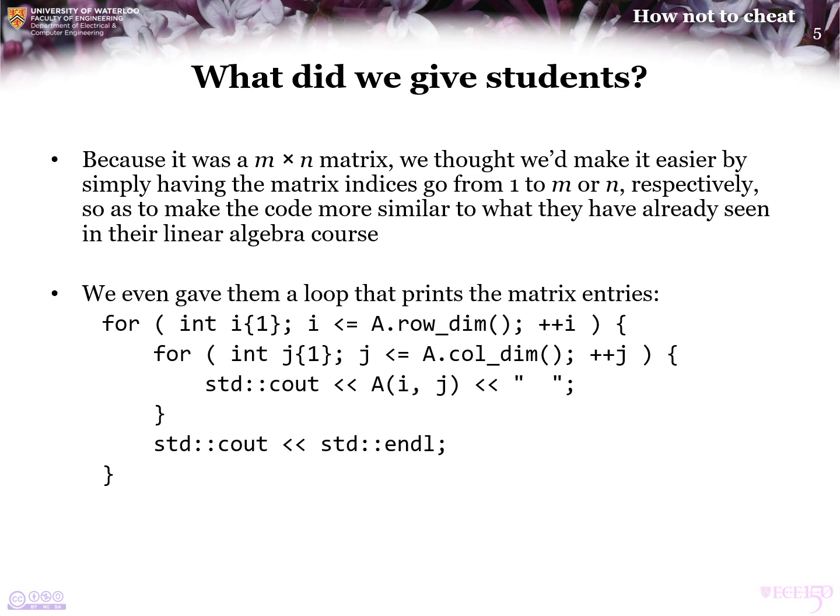As you will note here, there's no requirement to understand what a two-dimensional array in C++ is. We simply have a matrix object and we can access the ijth entry by using parentheses. Note that we gave them 2 for loops that go from 1 to the row dimension and from 1 to the column dimension.